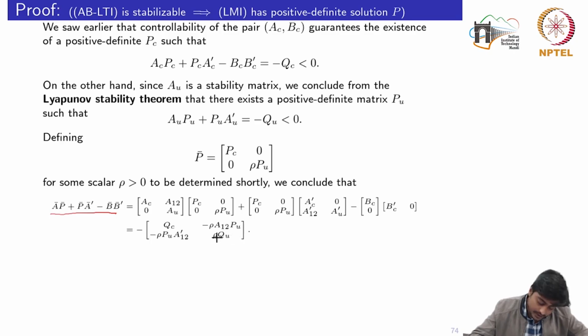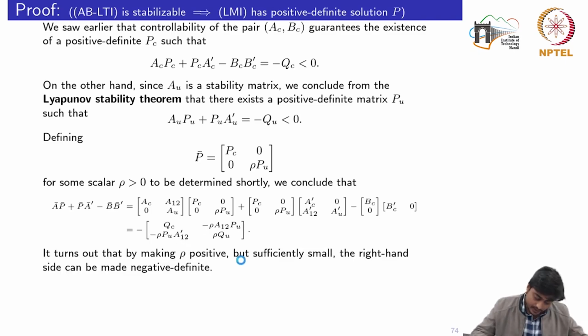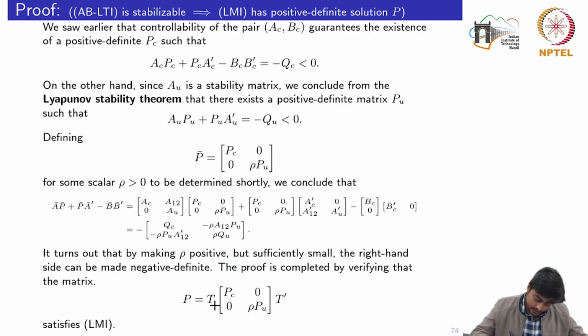Now I can choose rho, a very small positive value, such that the diagonal elements would be positive. If it is positive and symmetric, then the entire matrix would be a positive definite matrix, and this positive definite matrix can be written as was given in the main result.